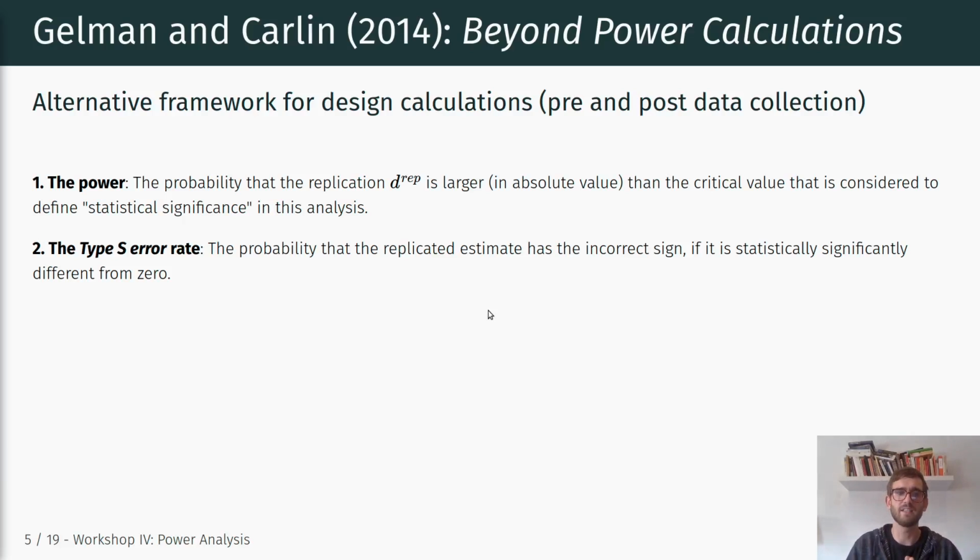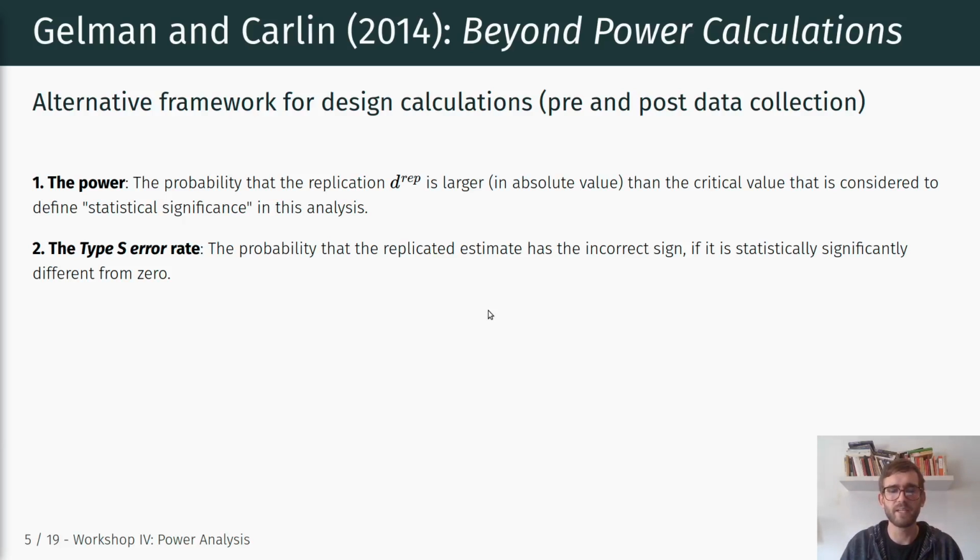So that's the sign error rate, where, conditional on the estimate being statistically significant, there is still a chance that the estimate we have has the incorrect sign. The important point is that this is not equal to the significance level.